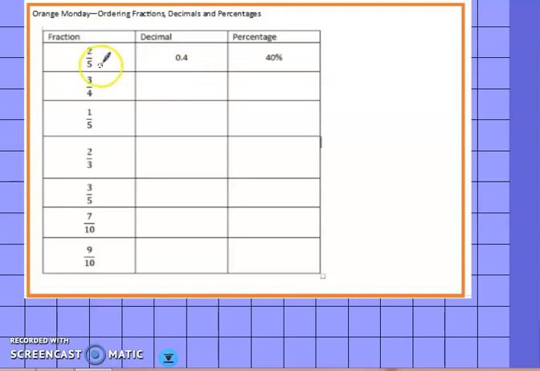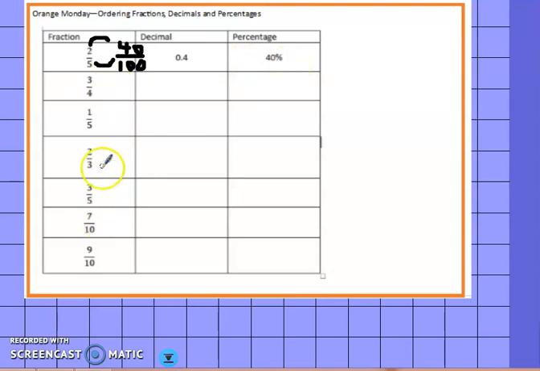So the way they work that out is your denominator, you need to change to over 100, like you've done in all these starter tasks. 5 times 20 gives us 100, so I need to times 2 by 20 on the top. 2 times 20 is 40, which is why as a decimal it would be 0.4 or 0.40, and as a percentage it would be 40%.